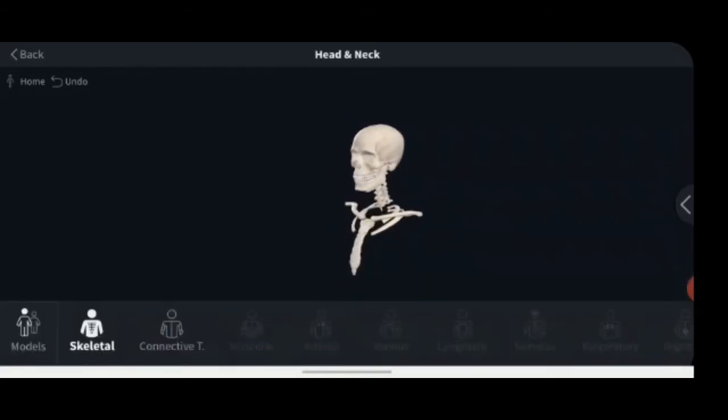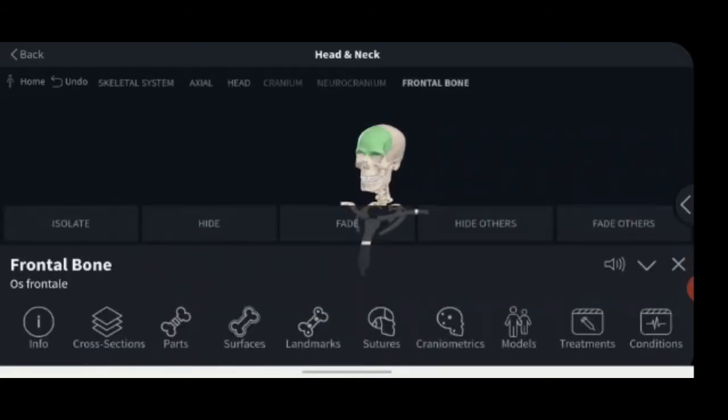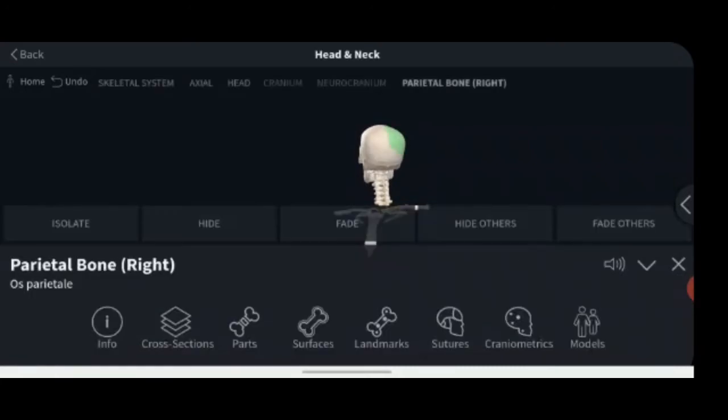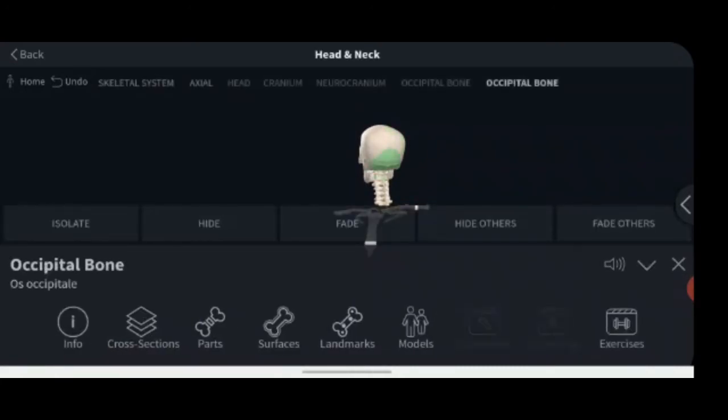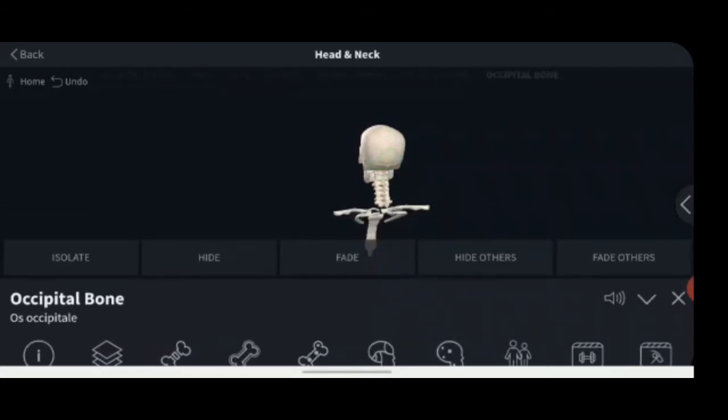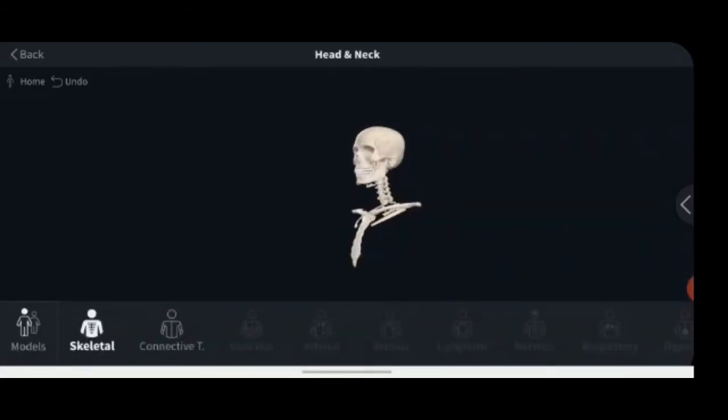The unpaired bones are the frontal bone and the occipital bone. Yes, this is the occipital bone. So these are the bones of the neurocranium. Now we will see the splanchnocranium, that is the facial skeleton.